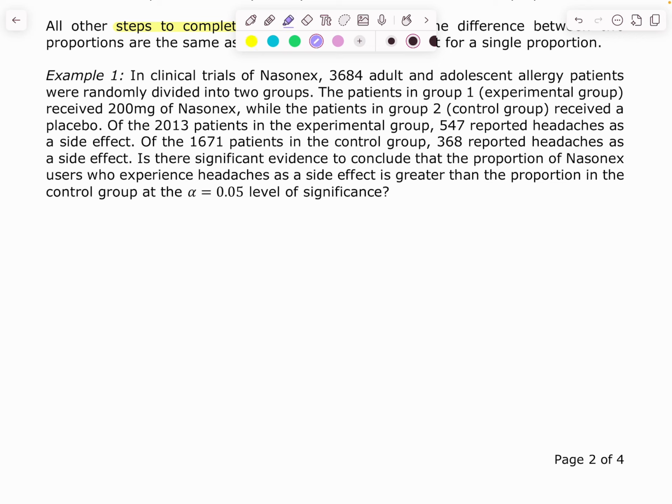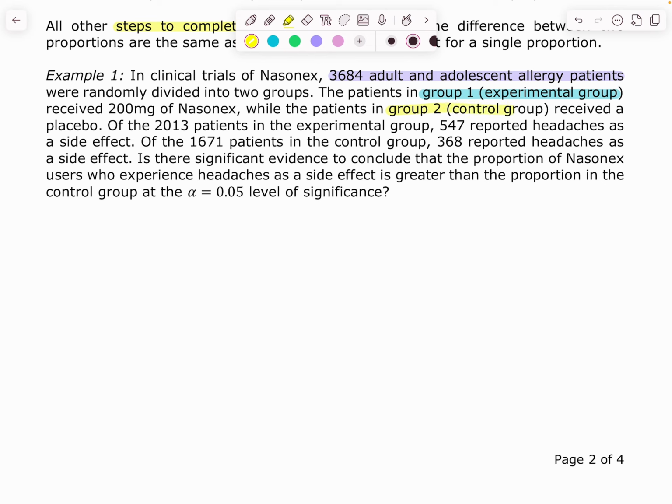So let's see, we had 3,684 patients in total. Group 1 was the experimental group. Group 2 was the control group. There were 2,013 patients in the experimental group. Actually, I'm going to shake this up a bit. I'm going to do some different colors.